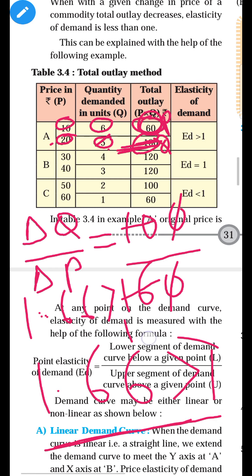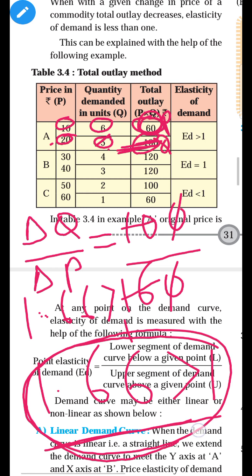If it is greater than 1, which type of elasticity of demand is it? It is relatively elastic demand. It means when we remove this ED and write there 1.66, 1.66 is greater than 1, so we prove that it is relatively elastic demand.